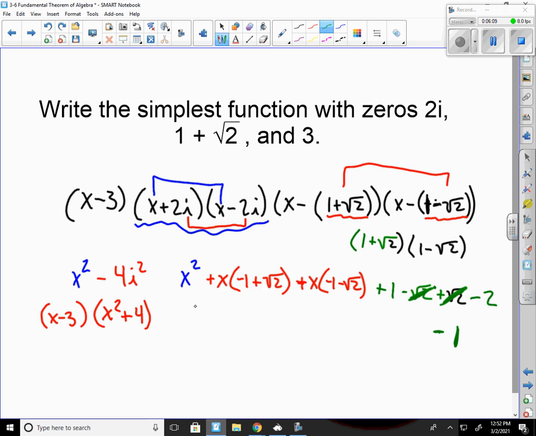Look to the inside. My x squared stays x squared. Distribute my x. That's negative 1x. Distribute the x times square root of 2. That's plus x square roots of 2. Distribute my x again. x times negative 1 is negative 1x. x times negative root 2, that's minus x root 2.